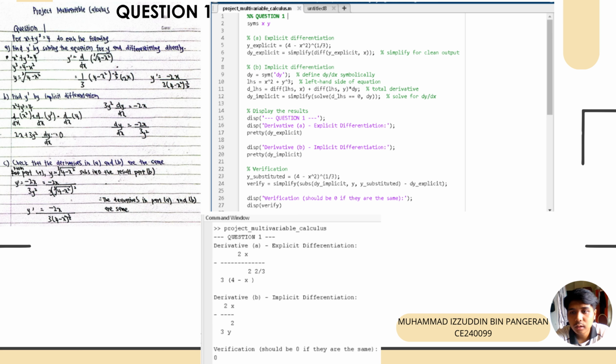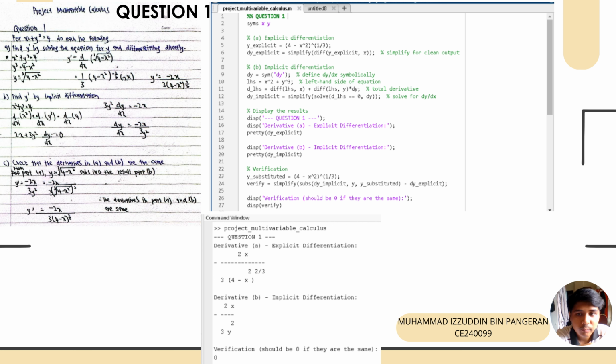Then I use substitution and simplification to compare both answers. I use the coding y_substitute equals 4 minus x squared, and then verify equals simplify subs dy_implicit, y_substitute minus dy_implicit.